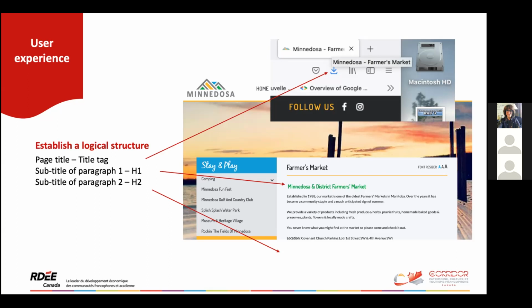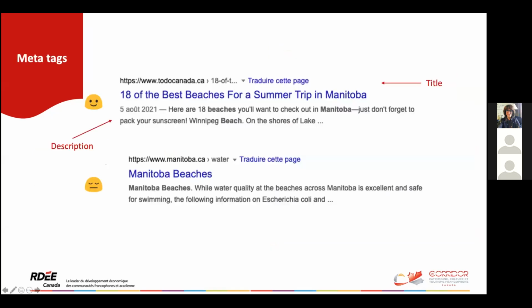For instance, the header 2 could be the Minnedosa fruit alley, or when you go into more details. So this is where also you want to surf on the long tail by refining your keyword strategy, and then you'll dramatically reduce your competition. So that's one place where you can really use your keywords.